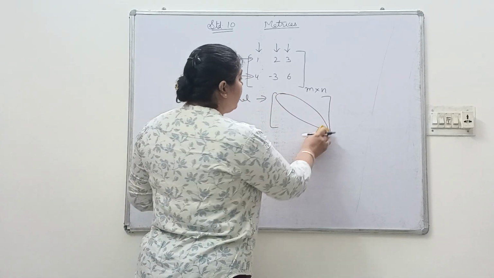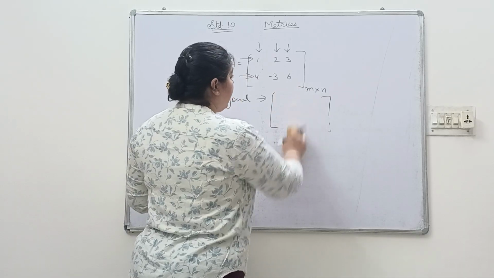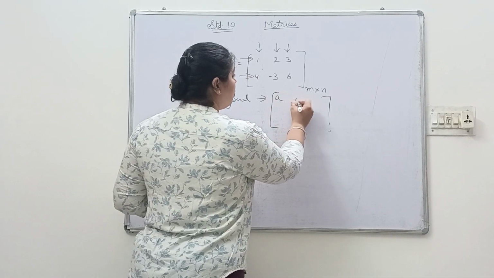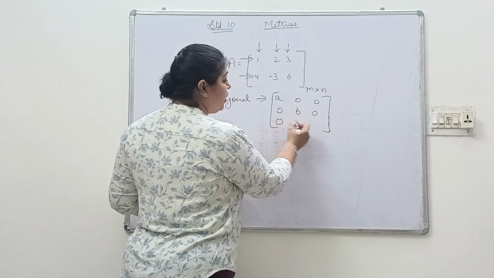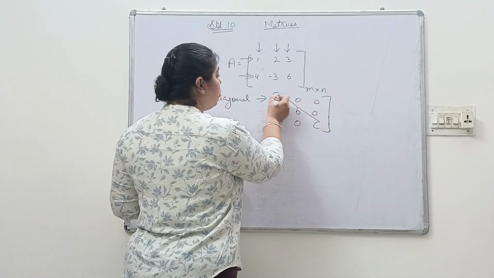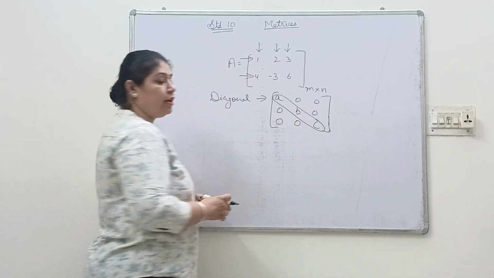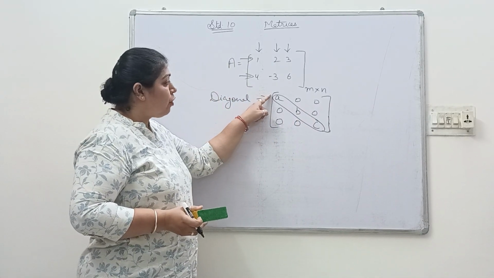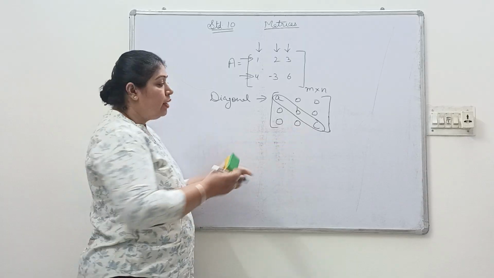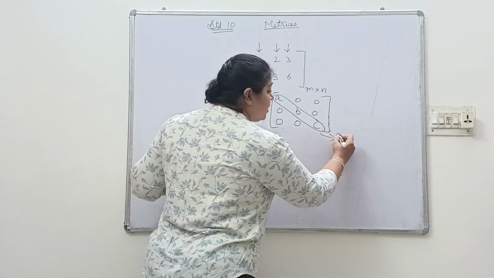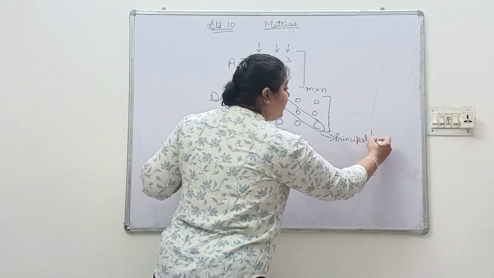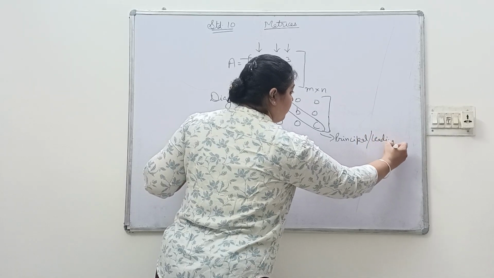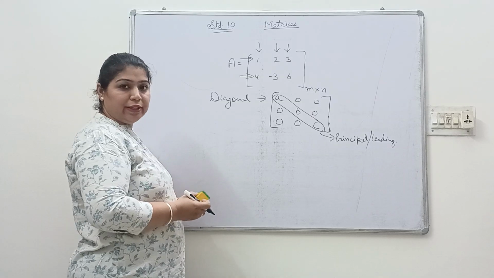For example, a matrix with A 0 0, 0 B 0 and 0 0 C, where only the diagonal elements are present. This diagonal from left top to right bottom is also known as the principal diagonal or the leading diagonal. This is known as the diagonal matrix.